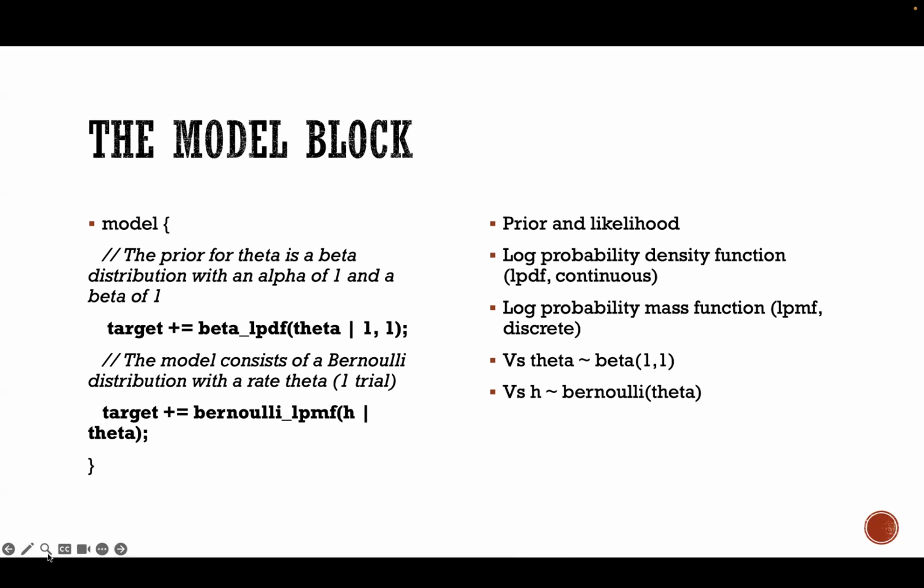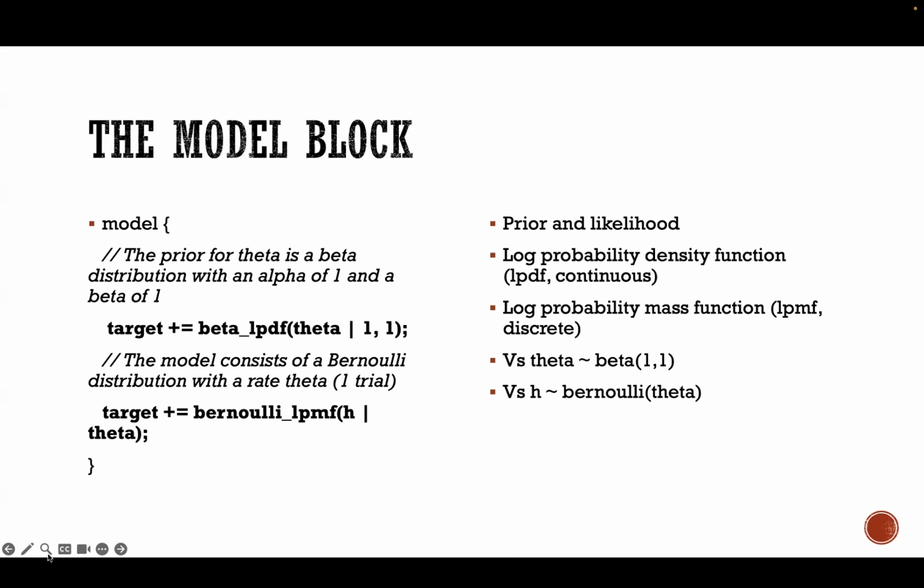So when we have more parameters, we can have more priors. And when we have models that might have more than one likelihood, which happens, we might have more likelihoods. Okay, a statistician would tell you a combination of likelihoods is still one likelihood function, but yeah, we'll see that later.